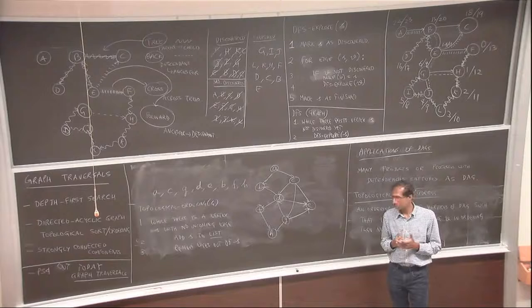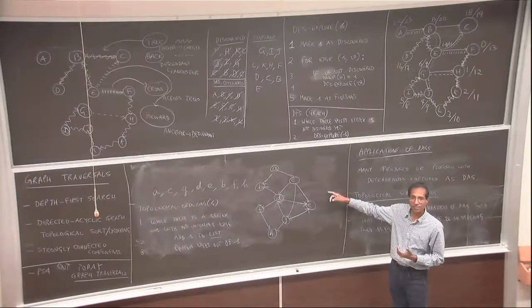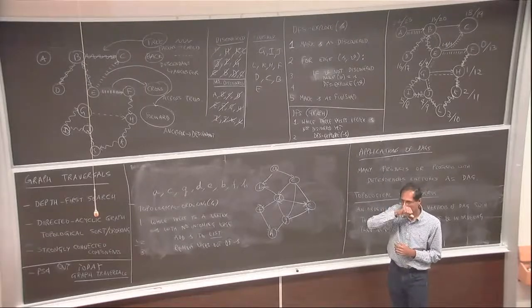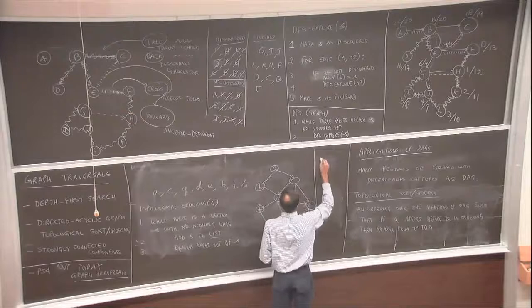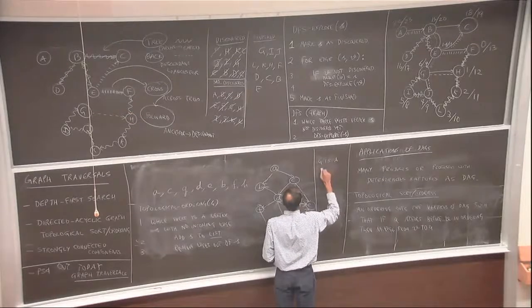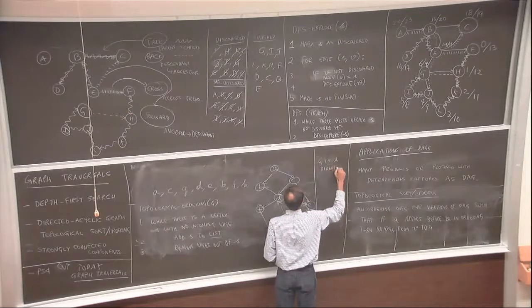Is this graph starting somewhere? This is not a tree. So let me try to make the statement more precise. G is a directed graph. It has no cycles.